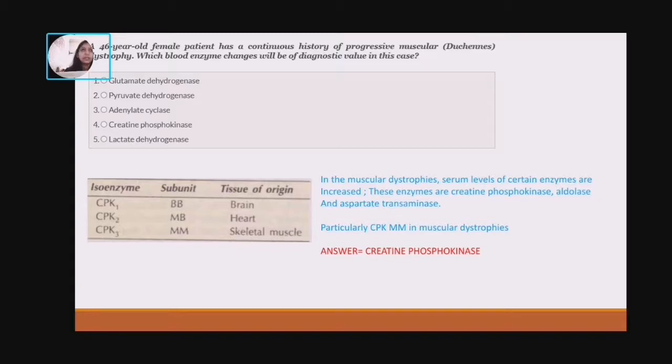So if there is any issue with the muscular system or skeletal muscles, obviously this enzyme will be seen more in our blood. So always keep these enzymes of myocardial infarction, muscular dystrophy and liver enzymes in mind. It will help you a lot.